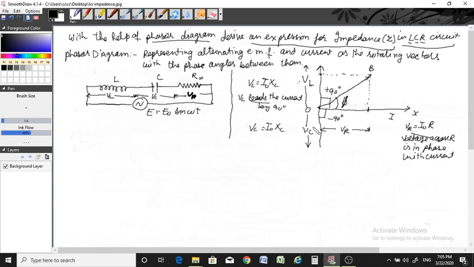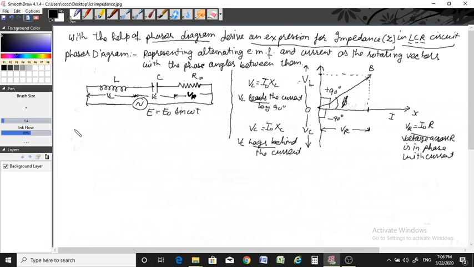But here the angle is negative, therefore VC lags behind the current. Lags behind means a negative value with this current line.